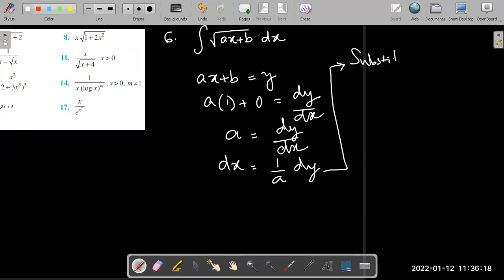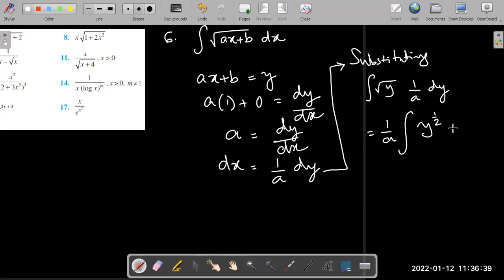Root of ax plus b becomes root y, and dx will be 1 by a dy. 1 by a is a constant, so it is taken out, and root y is written as y to the power of half.